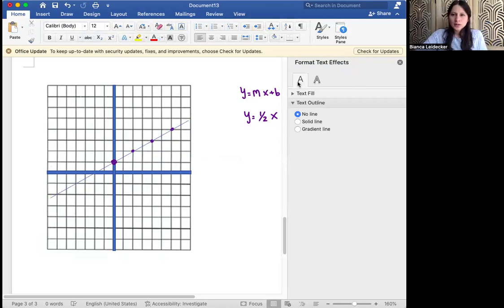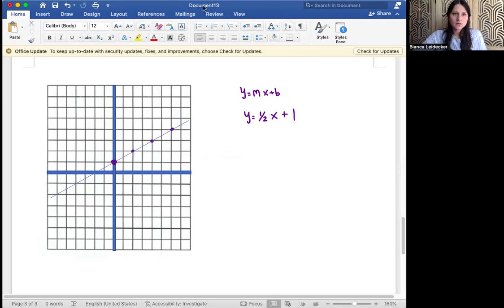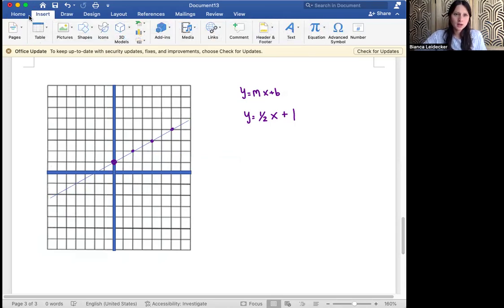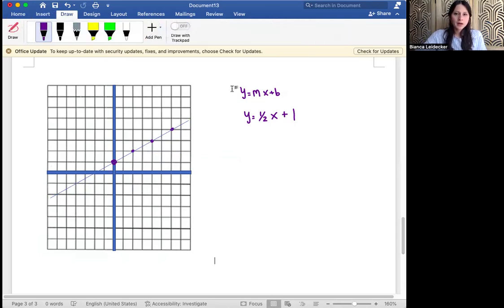Let's talk about if we had an inequality. I'm going to keep this equation the same, but instead of writing it as an equal, maybe I'll write y is less than 1/2 x plus 1. The only thing that's changing is not having an equal sign.